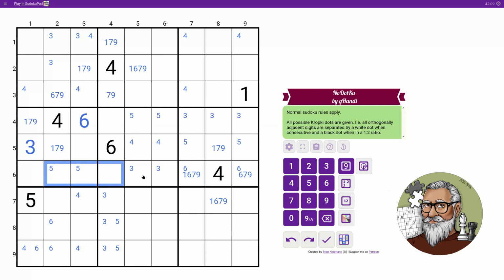Did I give up too quickly on the 3-5 in box number 2? I don't see how. But they both eliminate 6, so that's... Ah. So we can't have a 6 in these.